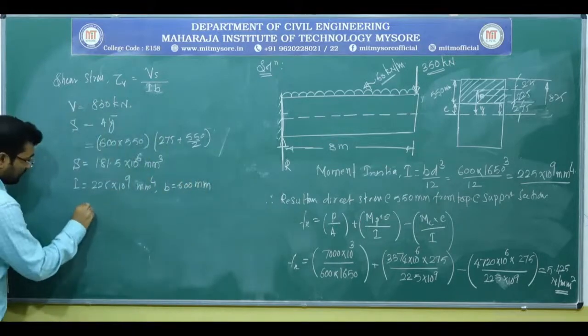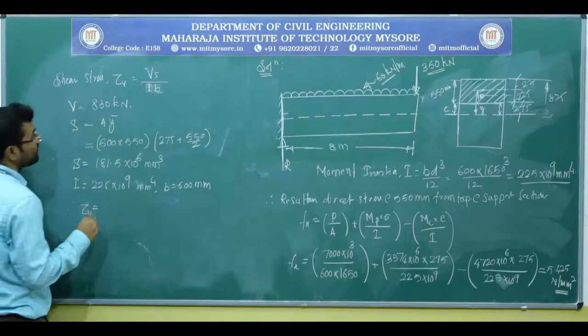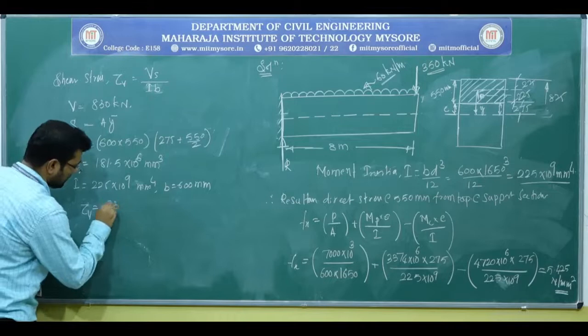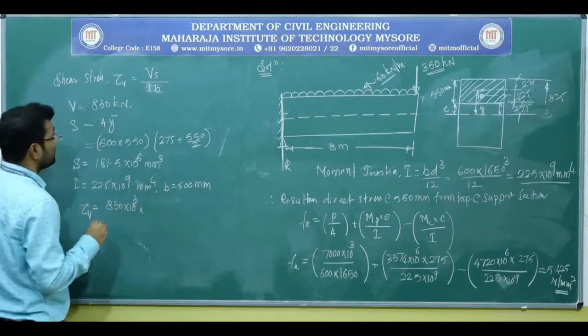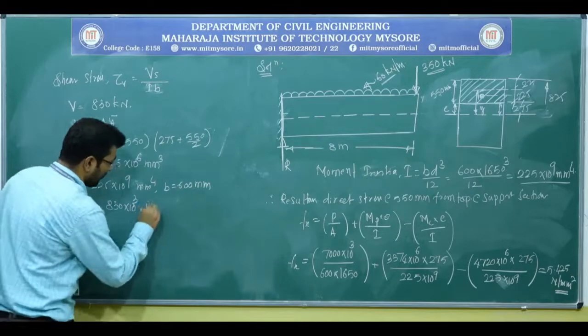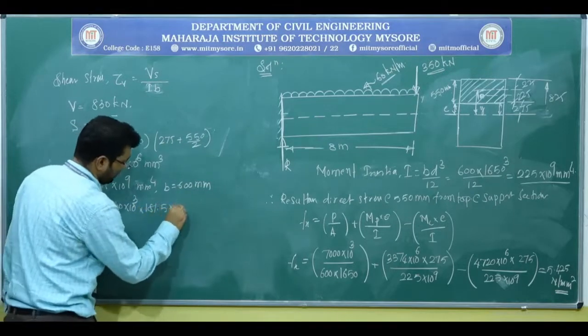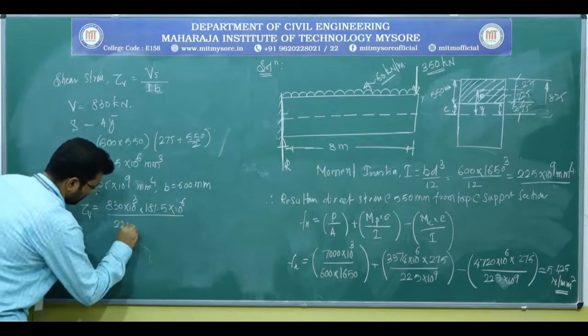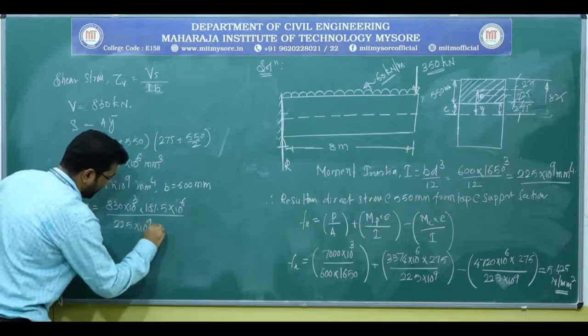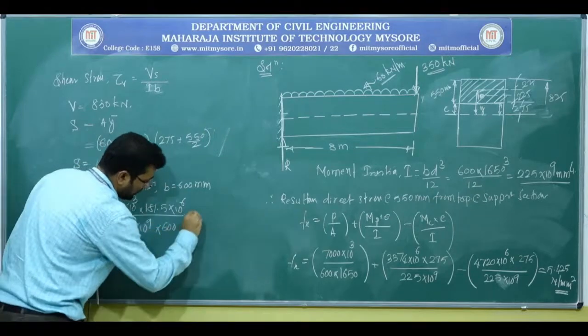So if I substitute all these in the formula, that is tau v is equals to 830 into 10 to the power 3 into S, which is 181.5 into 10 to the power 6, whole divided by 225 into 10 to the power 9 into 600.